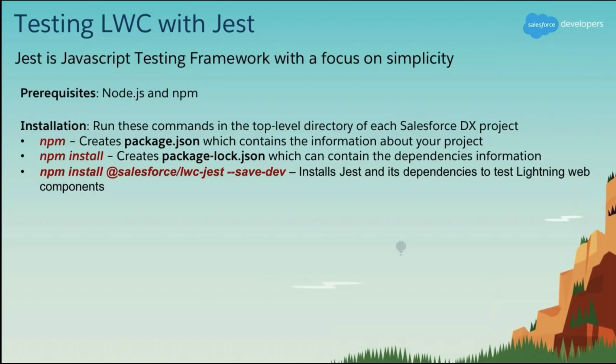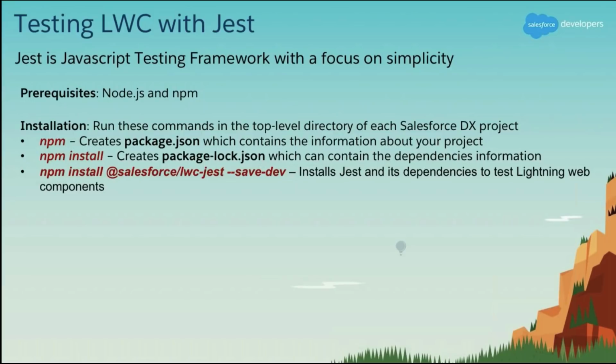When you run the npm init command, it creates a package.json file which holds the information about your project. And when you run the npm install command, it creates a package-lock.json file which can hold the information about your Jest installation and all the dependencies. So these 2 commands just create 2 files for you.